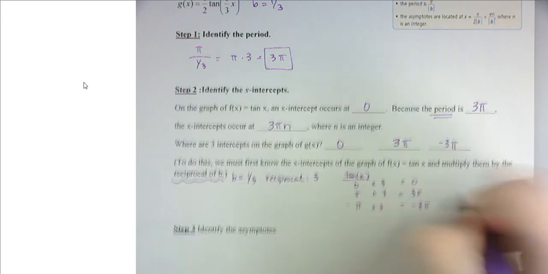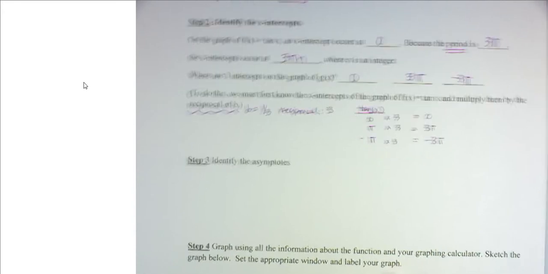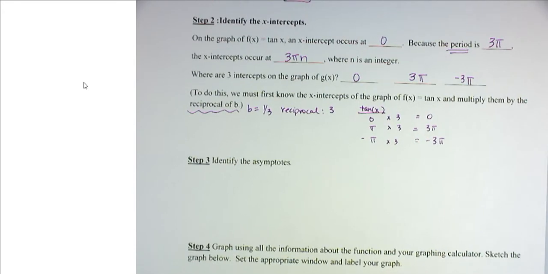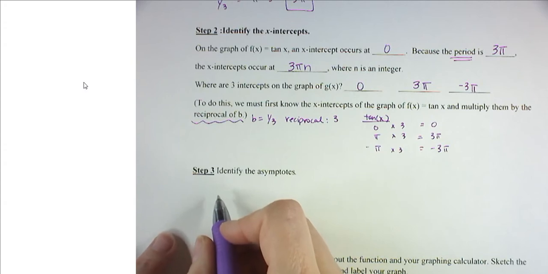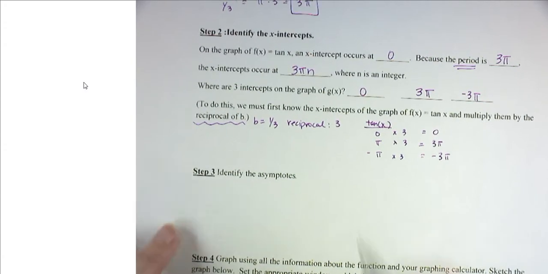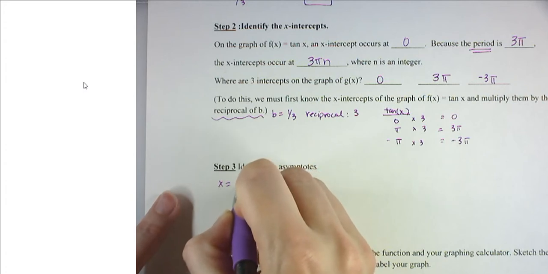All right, now we're going to identify the asymptotes. We know that our b value is 1/3, so we're going to use our equation that says x equals pi over 2 times b, so this is 2 times 1/3, plus pi n divided by b, which again is 1/3.